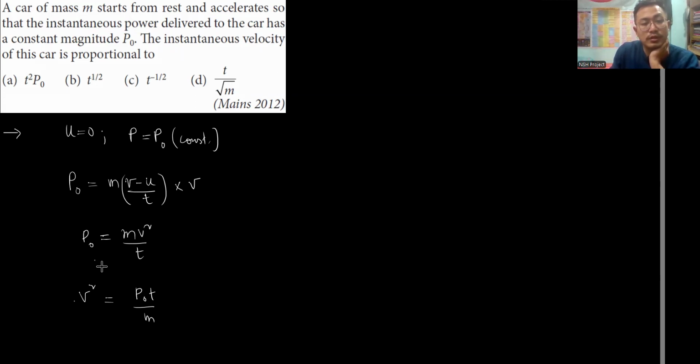P naught is constant, mass is constant, so v square is directly proportional to t, or v is directly proportional to t to the power half. So option B is the right answer.